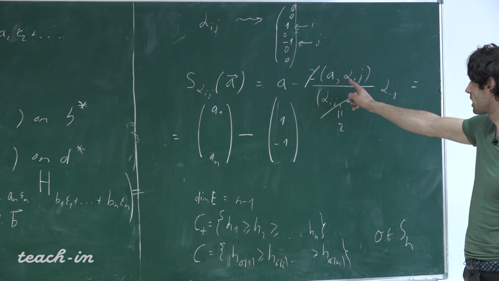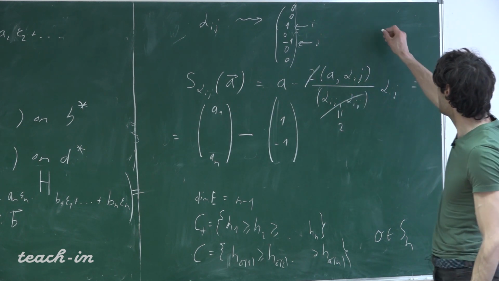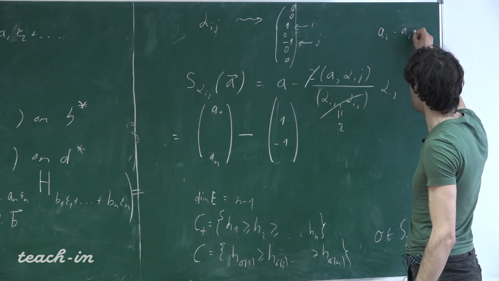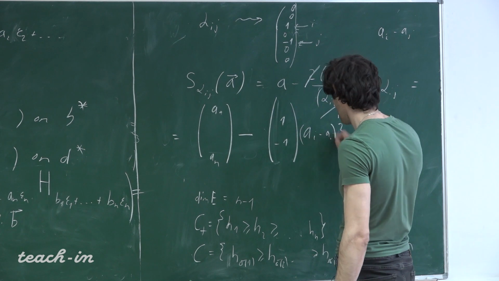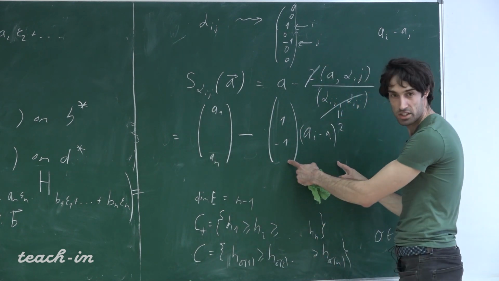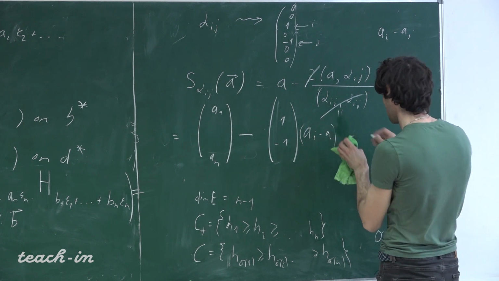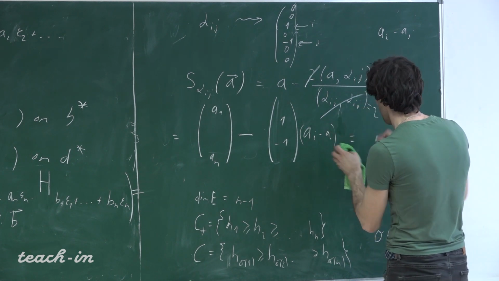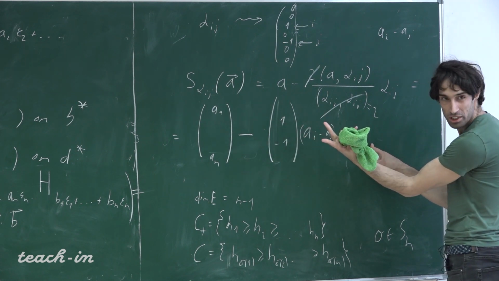But this scalar product is exactly ai minus aj times ai minus aj. So what this minus this is exactly, it's not square, it's this too, right? It's this vector with i and j replaced.